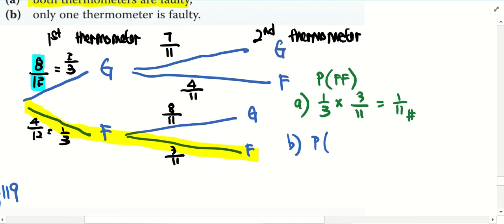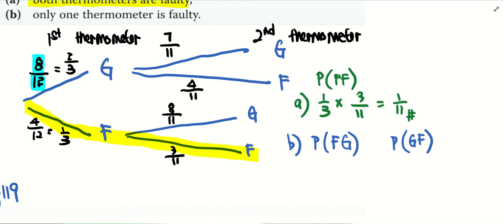Am I right to say, if the first one is faulty, the second one must be good? Is this the only one? That's another case, right? If the first one is good, the second one must be faulty. These are two different paths. Within the same path, you have to multiply. But if you have two different paths, you have to add them together. Alright? So I'm going to show you the path.